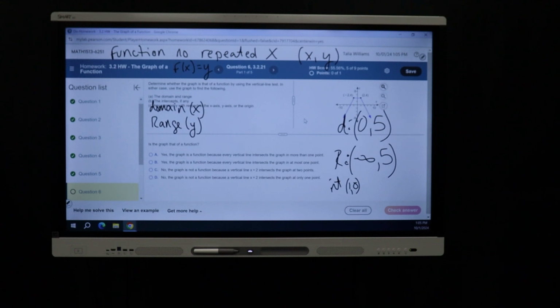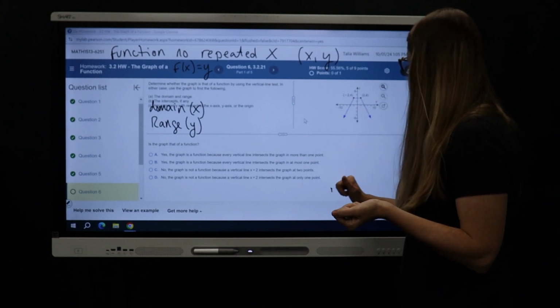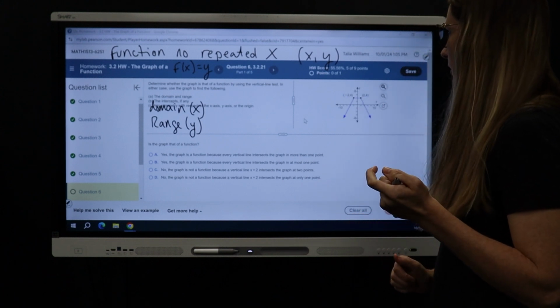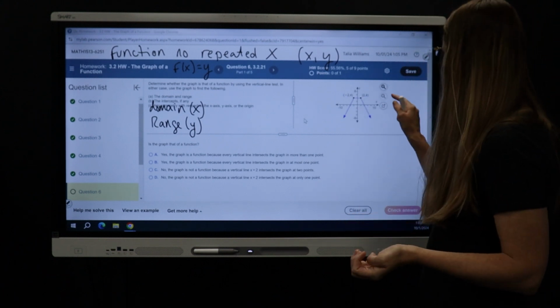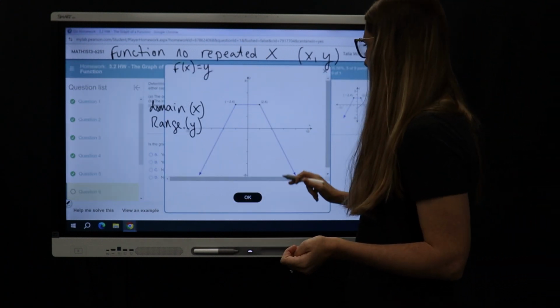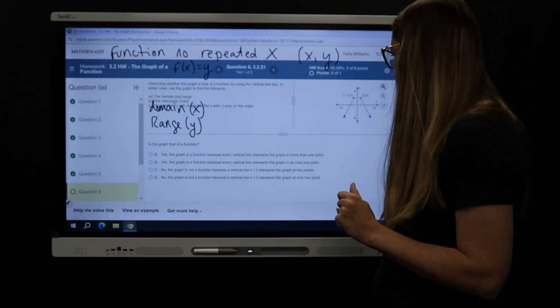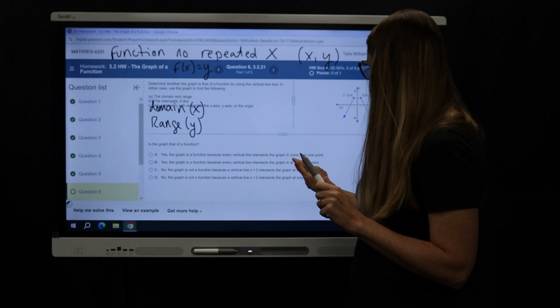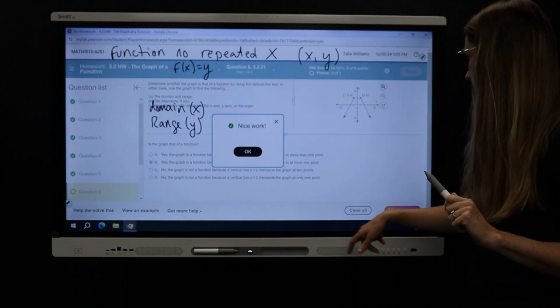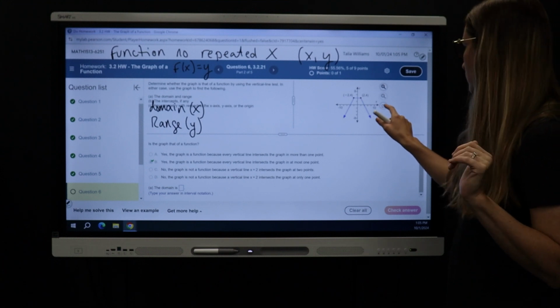Okay, question 6, 5 parts. Determine whether the graph is a function. If I had this graph and I draw a vertical line anywhere, it is going to be a function. So yes, the graph is a function because at most 1. Domain and range, then intercepts.